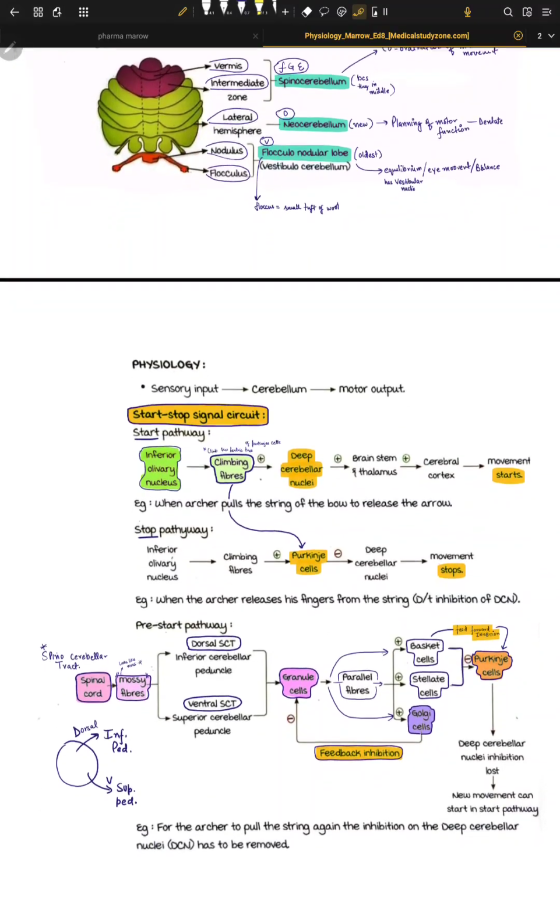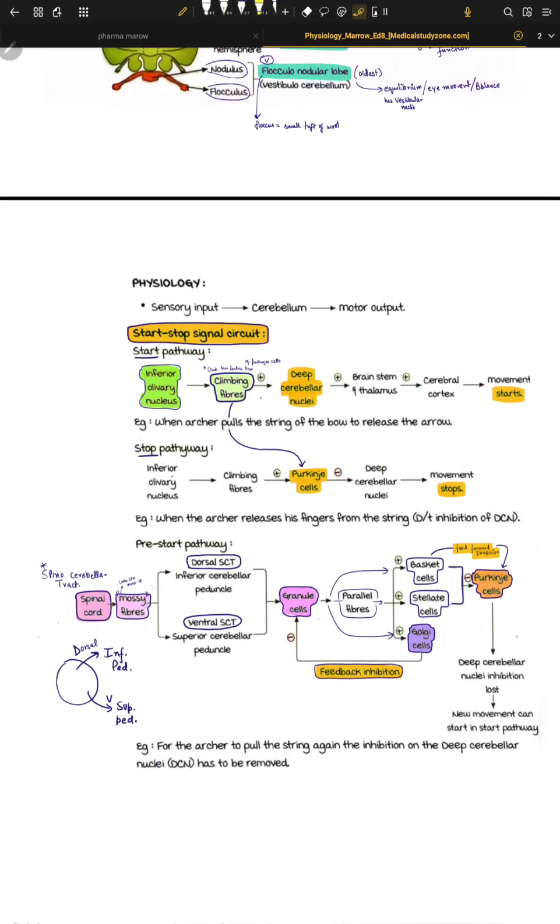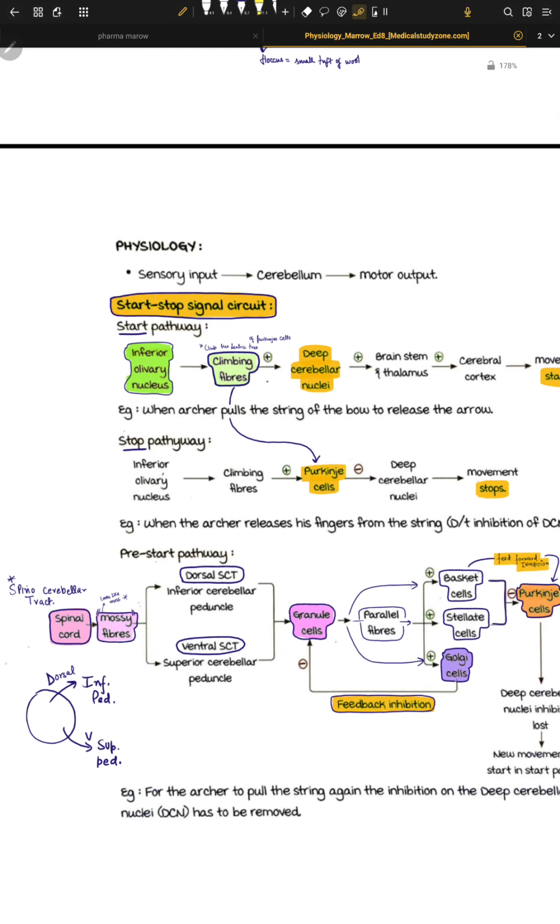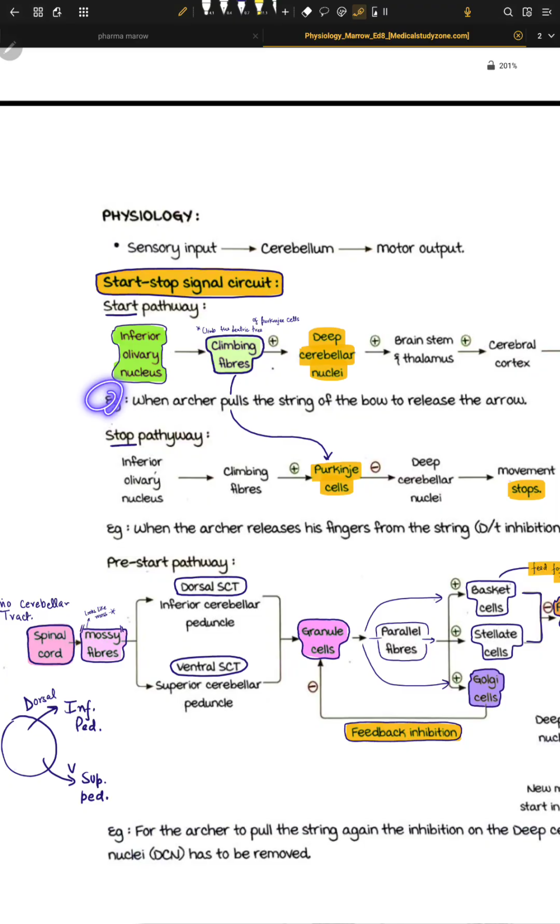Now, how it works is that the cerebellum has a start and stop function, so first there is a start pathway, and then there is a stop pathway. I will tell you what is starting. For example, when an archer pulls the string of a bow to release the arrow, he is starting a movement, right?